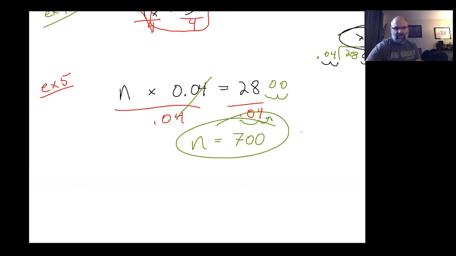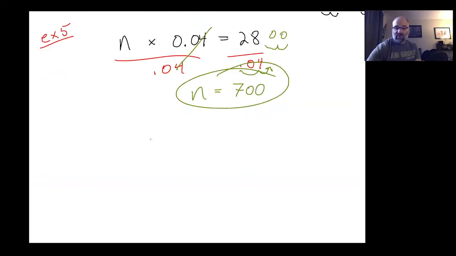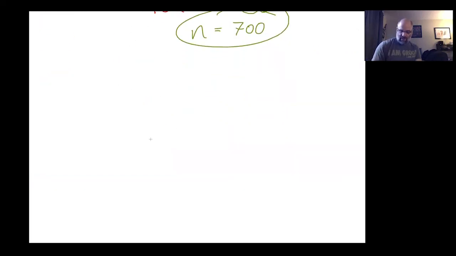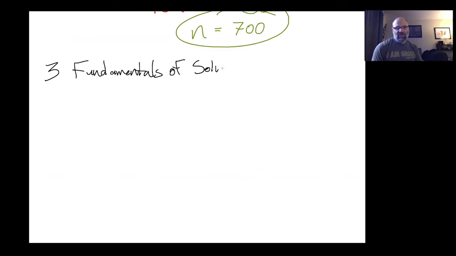All right, so here are the rules, guys. These are 3 fundamentals of solving equations. Write these down. Fundamentals of solving equations.